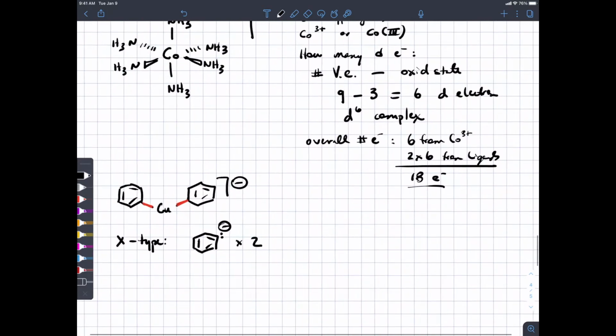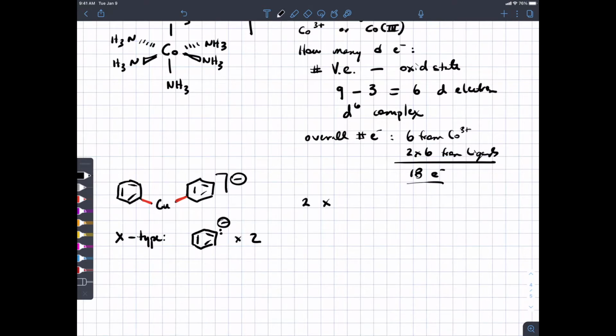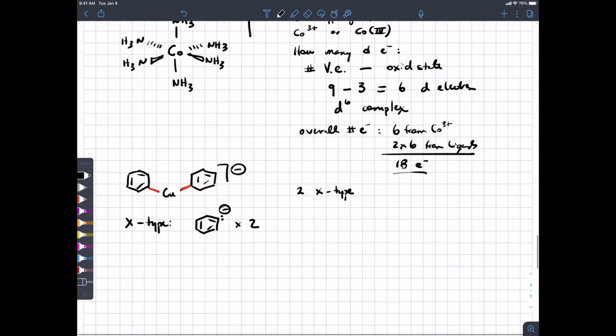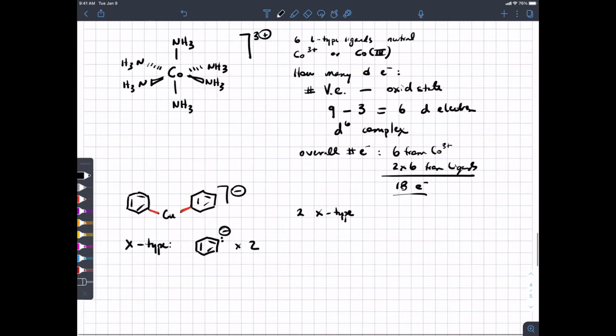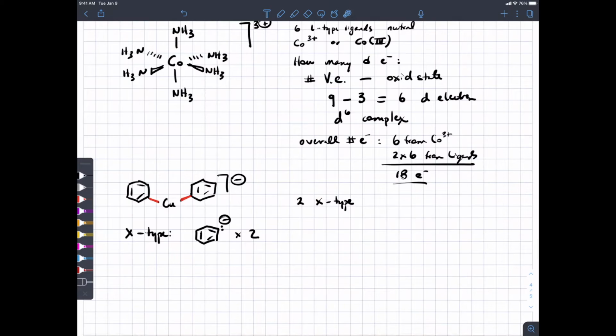So we've got 2 X-type ligands. The overall charge on the complex is negative. If we have 2 X-type ligands, what charge should be on the copper to get to this right number? +1, right? So if the complex charge is -1, copper has to be +1.